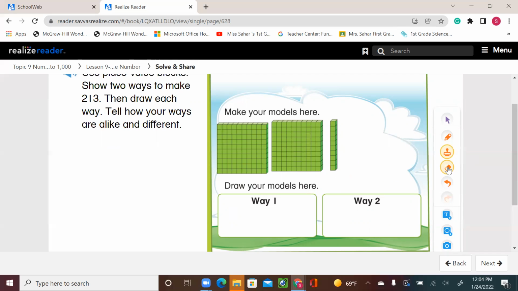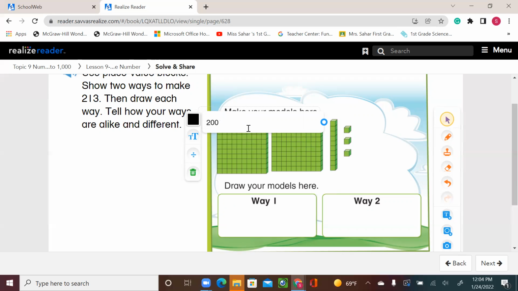And then I'm going to have 3 ones. So I have 200, 110, and 3 ones. And I'm going to write it here.